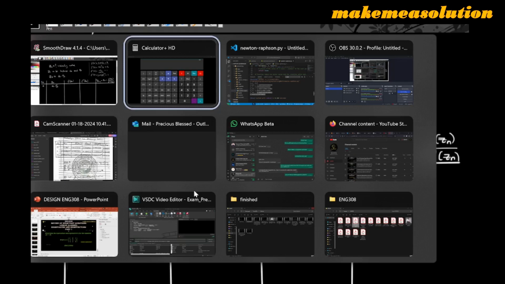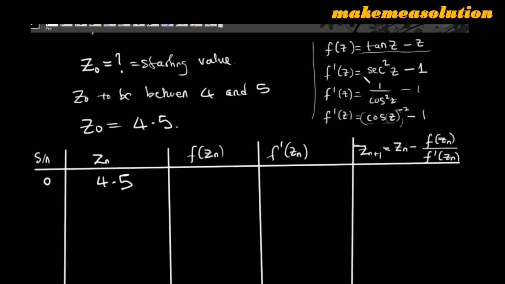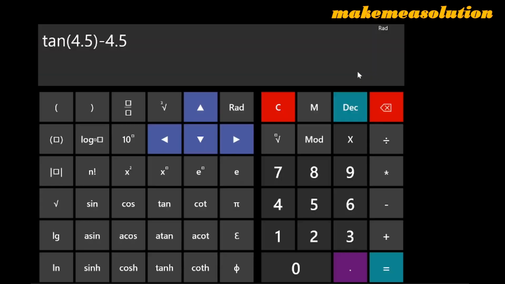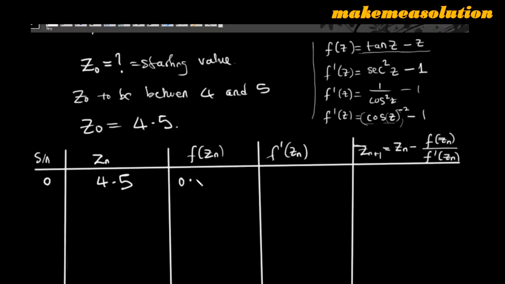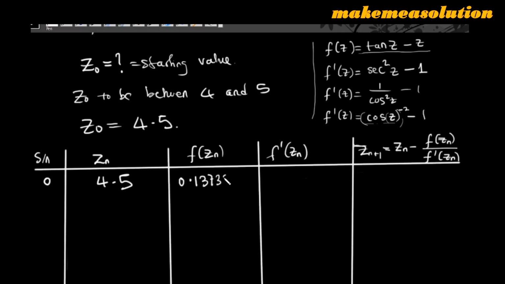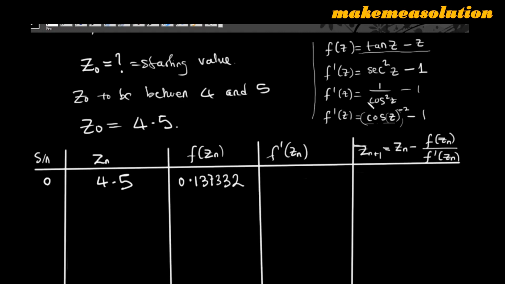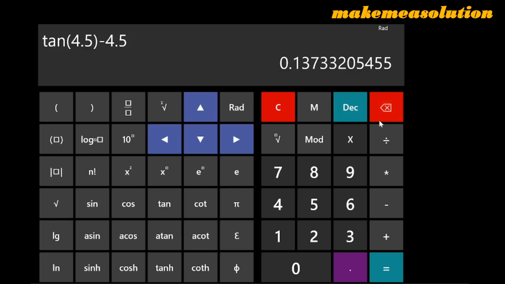So f of z, starting with 4.5. We have tan 4.5 minus 4.5, that's tan z minus z. This evaluates to 0.137332, to 6 decimal places. Then f prime of z, which is cos z to the power of minus 2, minus 1.